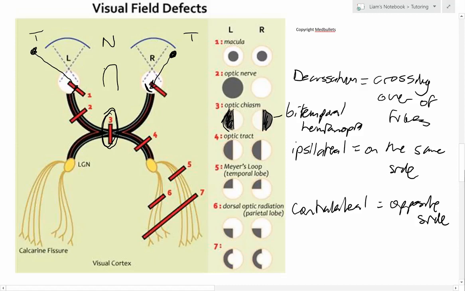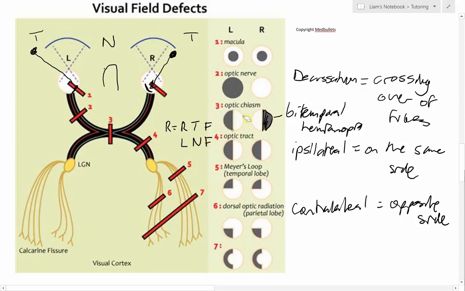Following on from that then, if we go to 4, so 4 here is in the optic tract, and this is the right optic tract, meaning that it's going to carry the right temporal fiber as well as the left nasal fiber.